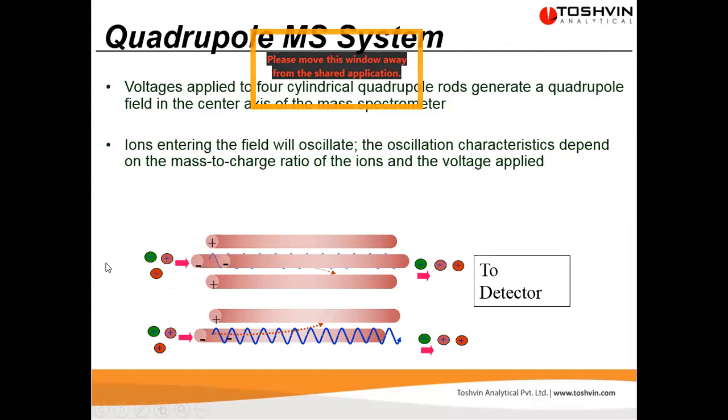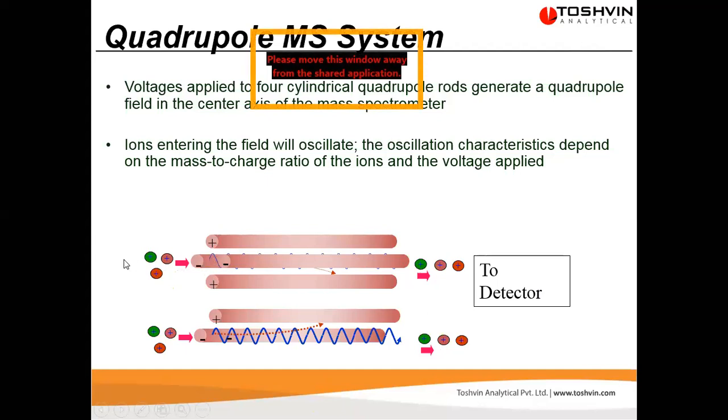For example, say a positive ion has been formed in my ionization source. RF DC voltage is applied along with RF voltage. How DC voltage is applied: these are the 4 rods, I'll be applying positive voltage to this, negative voltage to this.